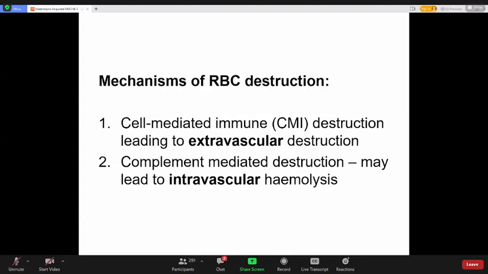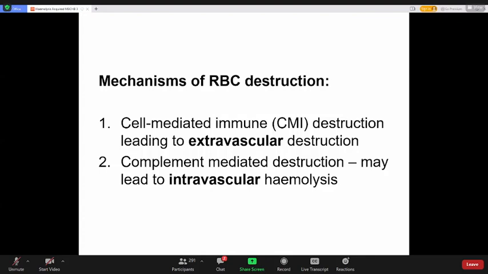So when you get antibodies, whether they are autoimmune, alloimmune, or drug-induced, that coat the red cells, as the cells circulate within the spleen they are recognized by macrophages as foreign, and can be phagocytosed within the spleen by macrophages.